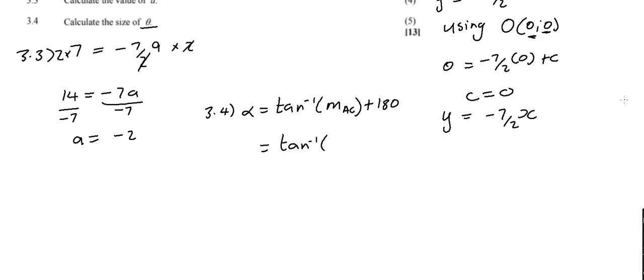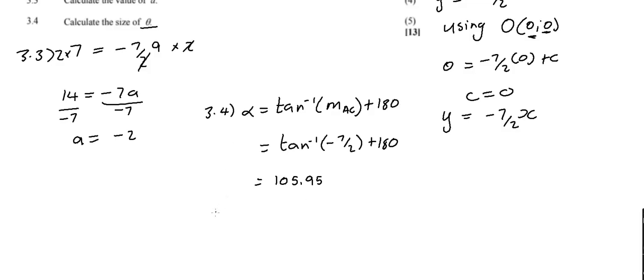We will substitute it as it is. -7/2 plus 180 degrees. So this right here is going to be shift tan of -7/2 plus 180, and my calculator says this is 105.95.